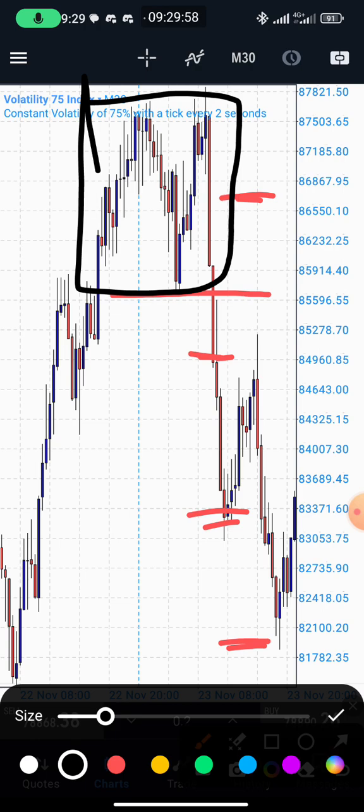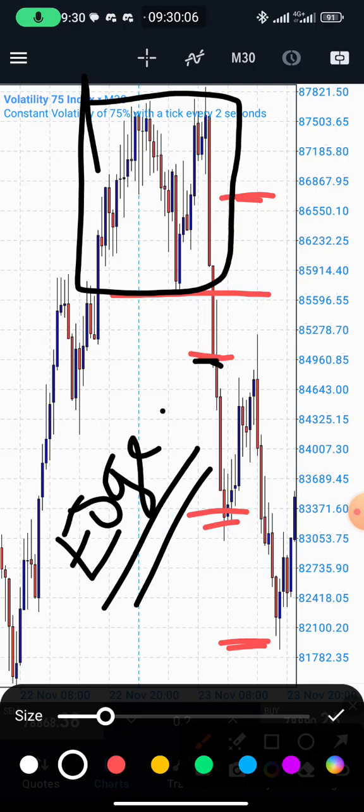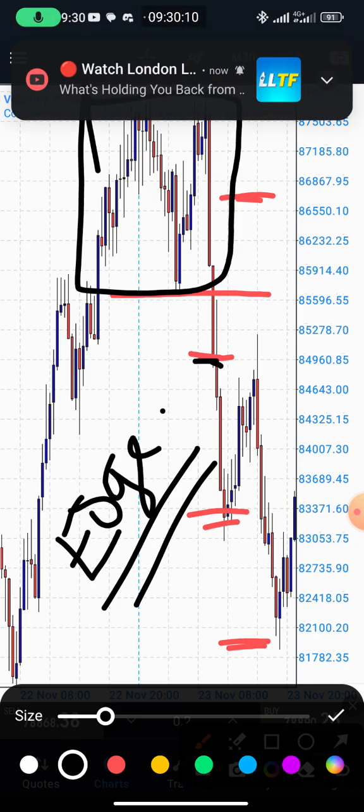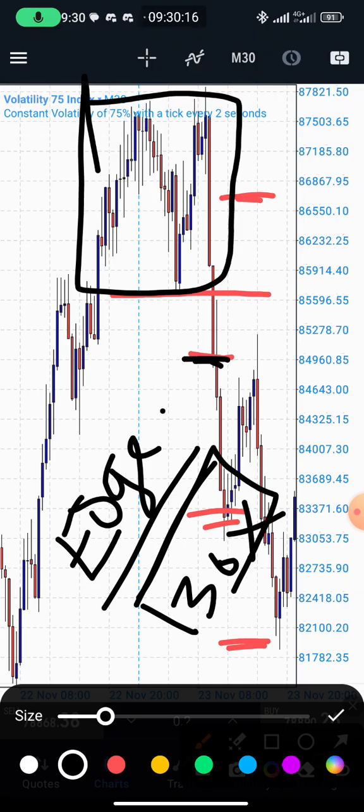Once it closes below, he will ask himself, is there an edge? What does that mean? Will I make money if I trade this same setup 30 times? If the answer is yes, he will take the trade, put his stop loss, and put his target.